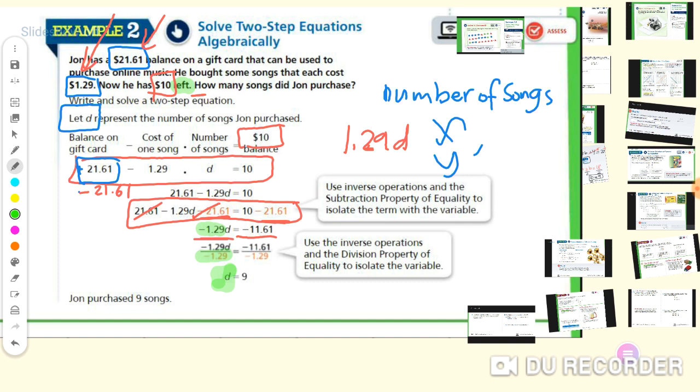It will give you 9. So the number of songs is 9. Very good. So John purchases 9 songs. Okay. Last example.